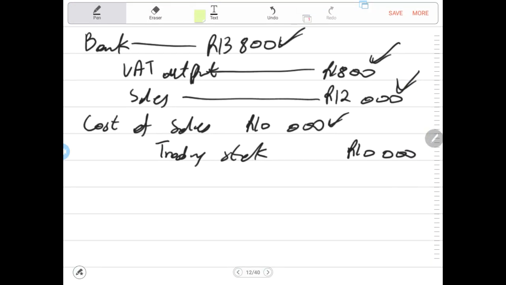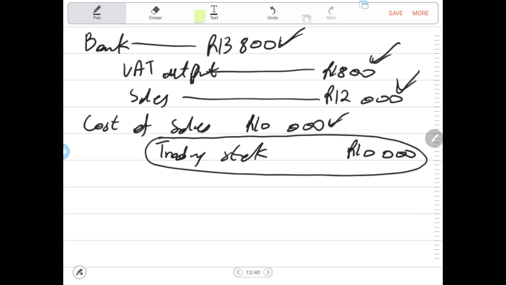The amount is the same. The column does not say trading stock because trading stock is recorded as trading stock at the point of buying the inventory. When we buy the inventory, we record under trading stock, even if it's the cash payment journal or purchases journal. But when we sell, we record on the contra entry called cost of sales.